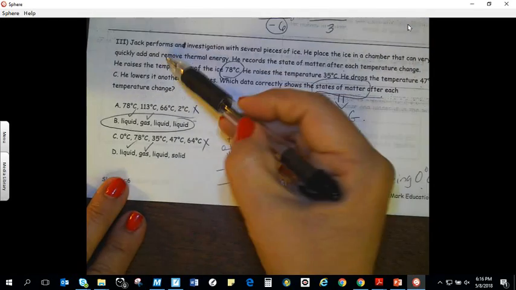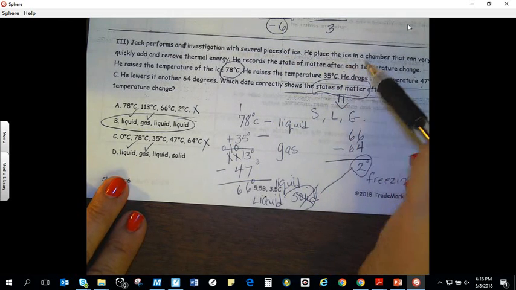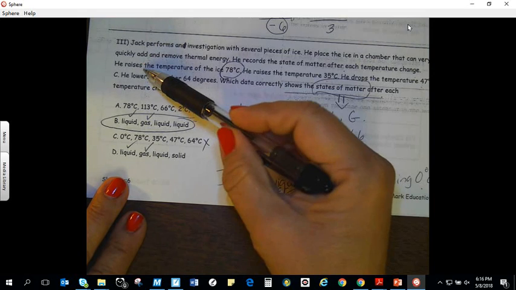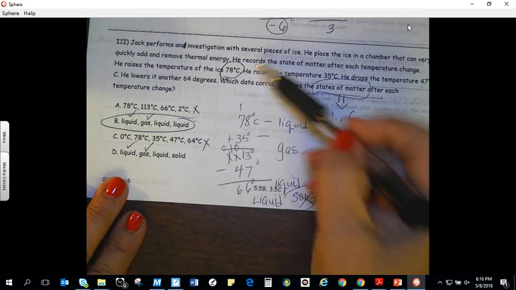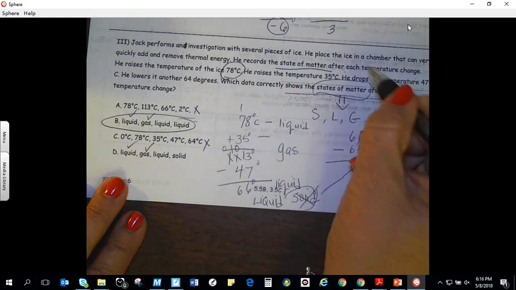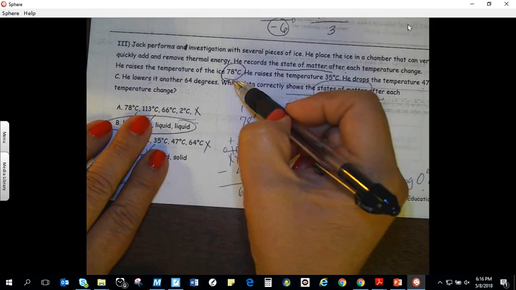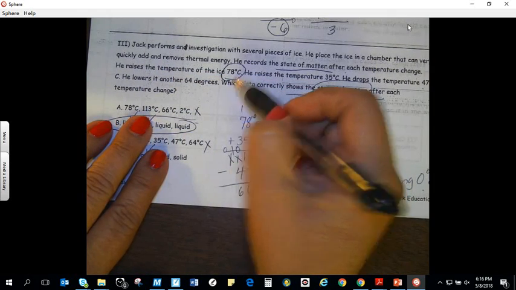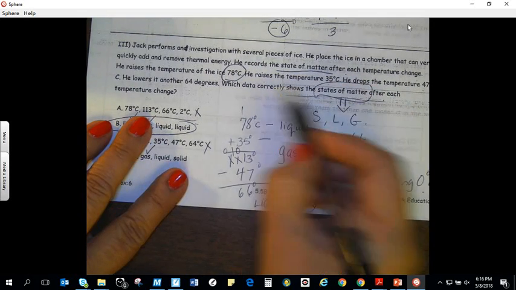Okay. Next one. Jack performs an investigation with several pieces of ice. Now he places the ice in a chamber that can very quickly add and remove thermal energy. That's cool. He records the state of matter after each temperature change. He raises the temperature of the ice at 78 degrees. Now, he's recording the state of matter. He raises the temperature 35 degrees.